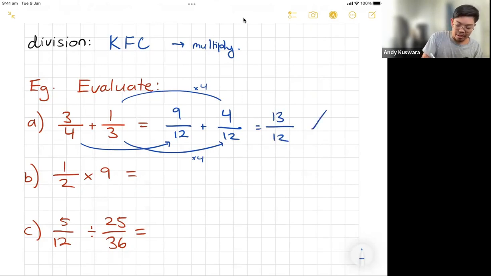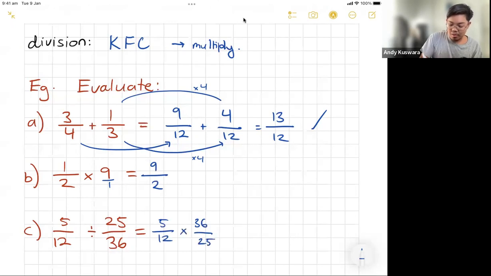Okay, if I'm multiplying, this is where you recognize all whole numbers are technically fractions. So if I'm just going to times straight across, 1 times 9 is 9, 2 times 1 is 2. That's it. And for this last one here, I've got 5 on 12, and this is a division. So I'm going to flip the second term. So keep the first term the same, flip the second term, change the division to a multiply.